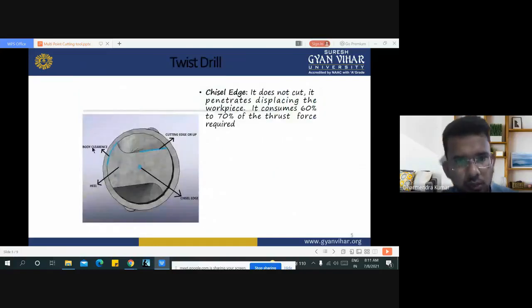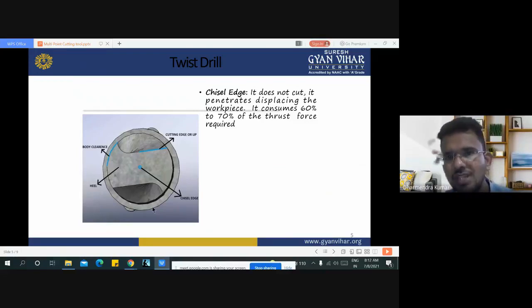This is also a view of a twist drill. This is known as the chisel edge at the tip of the drill bit. This is the body clearance, the cutting edge, and this is known as the heel. Chisel edge: it does not cut, it penetrates, displacing the workpiece.